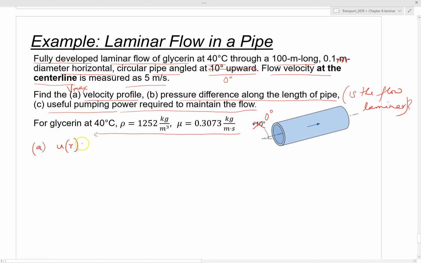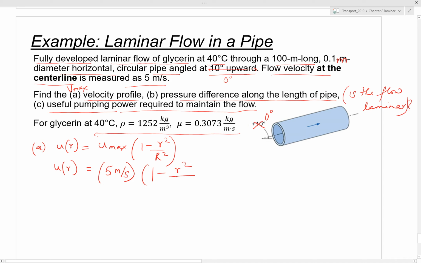what is the U of r? For the laminar expression, you have U max times 1 minus small r divided by capital R, all squared, so that is the distance from the center. So U of r is 5 meter per second times 1 minus r squared, and capital R is the radius, 0.05, squared.